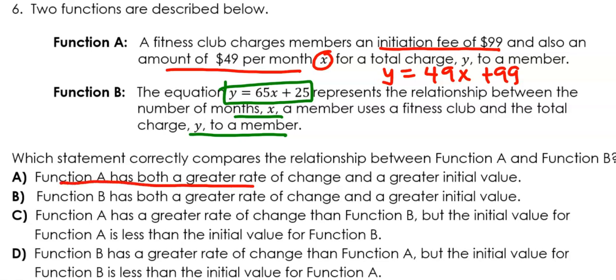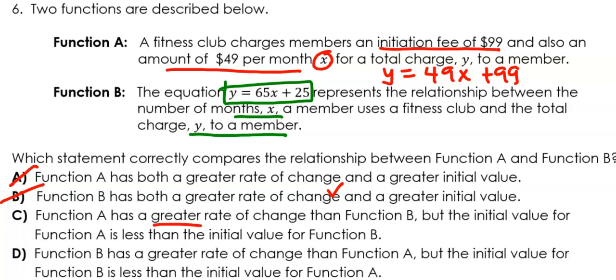Does function A have a greater rate of change? Well, function A's rate of change is 49 and B's is 65. So no, that's not true. Does function B have a greater rate of change? Yes. Does function B also have a greater initial value? No. The initial value is 25 for B, but it's higher for A. So cross that off.